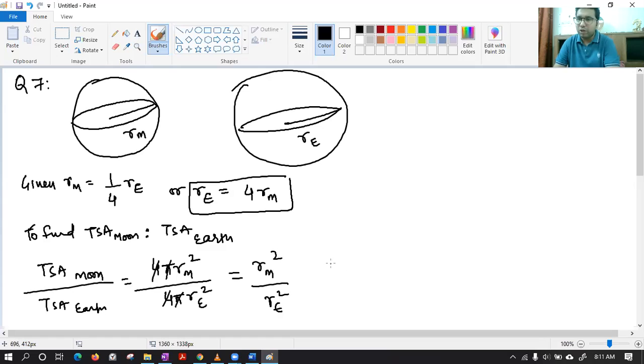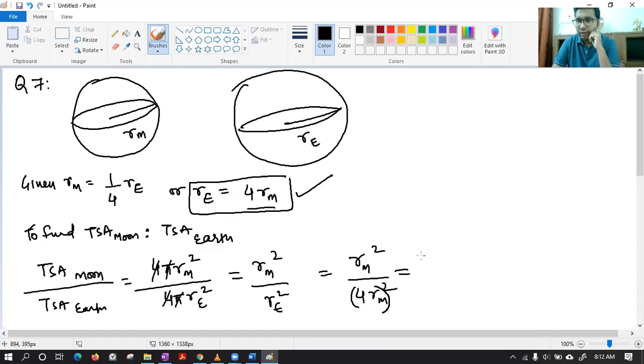Class, what we can do now? We can see there are two variables, we can't solve them, so we need to use the given part, which is saying you can replace Re with 4Rm. Is this correct, class? Is this fine? Like this we can replace. I've told you, whenever we are replacing or putting a value, we should always place it in a bracket, because that is a complete value 4Rm, so we should have a square on the whole value.